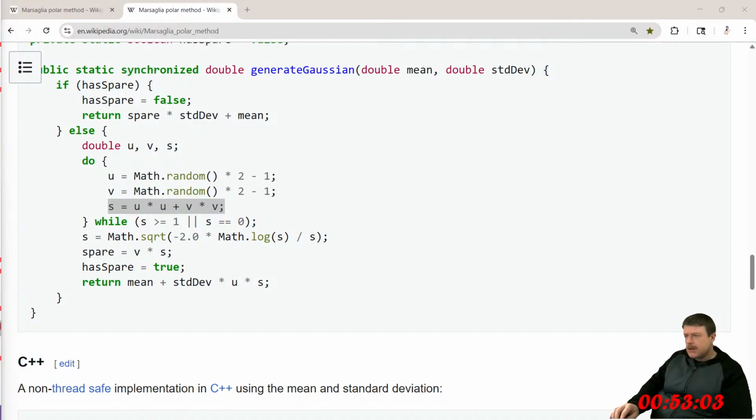Sorry, I'm not thinking. So if it's greater than 1, or if it's equal to 0. So what does it mean if it's equal to 0? S equal to, it means what? Both of the terms be 0? Well, that's better than checking to see if they're both 0, right?